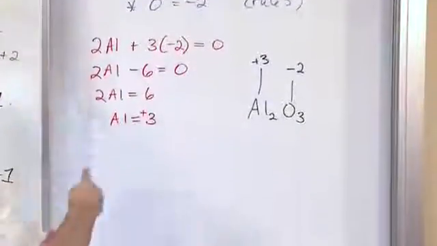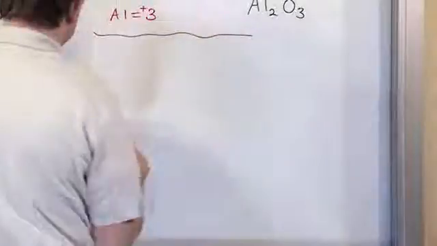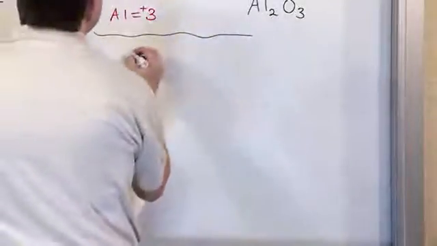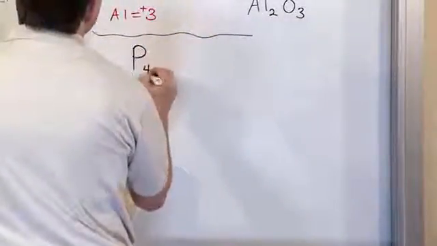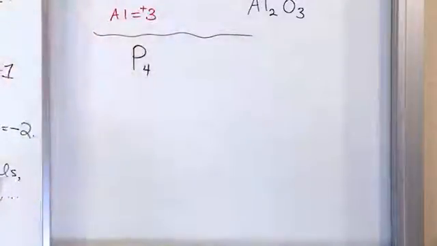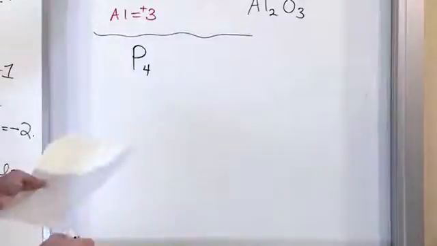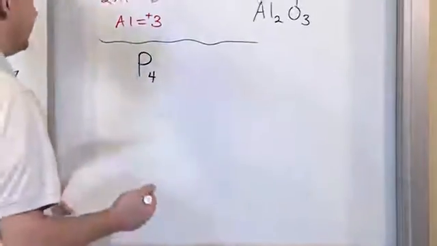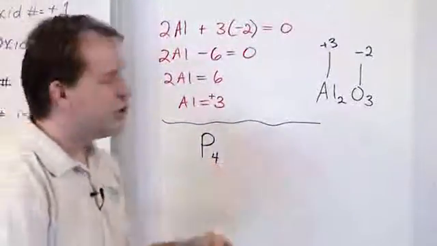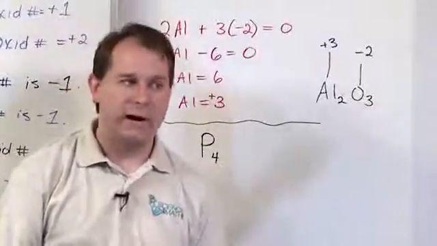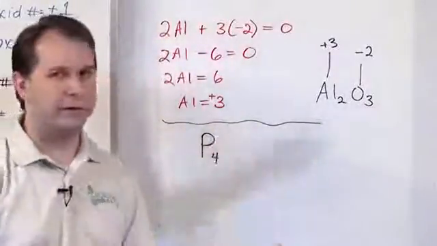All right, for the next problem, it's a little bit different. Very simple, I just want to point it out to you. What if you have the compound P4? So 4 atoms of phosphorus bound together, and I ask you, what is the oxidation number of phosphorus here? Well, it's very simple actually, because this is a neutral compound, right? 4 atoms phosphorus, there's no charge anywhere, so it's neutral.